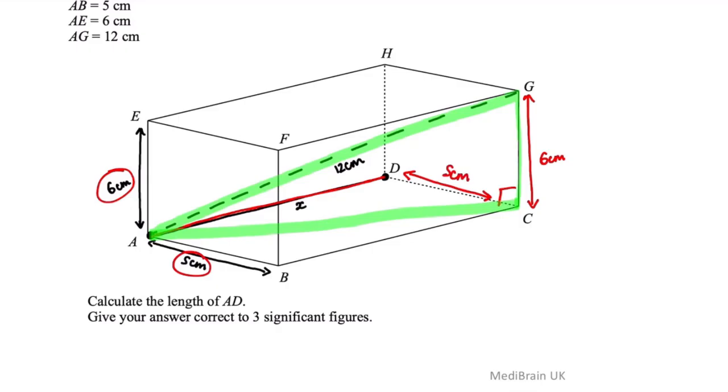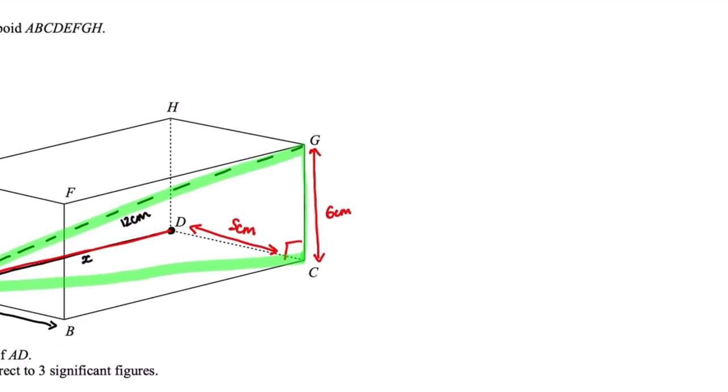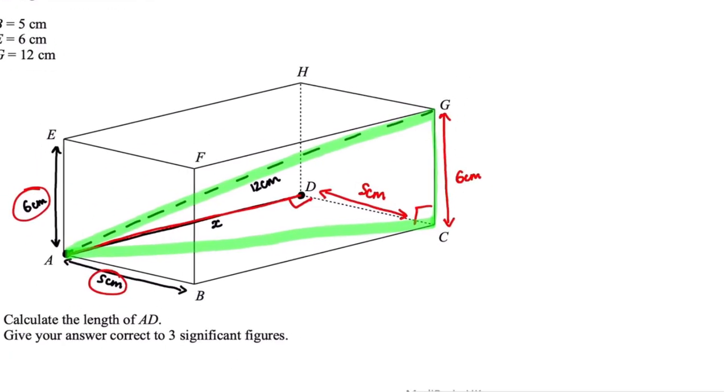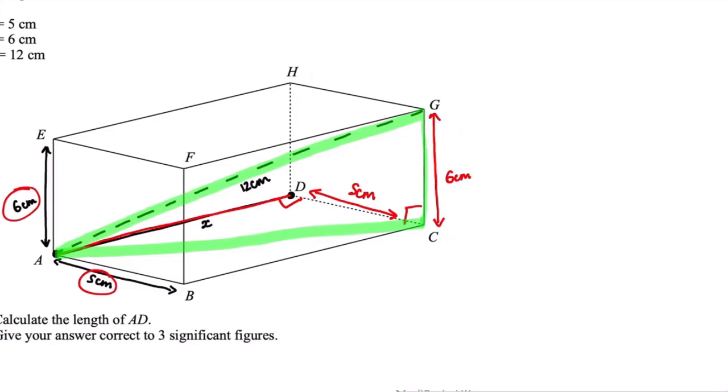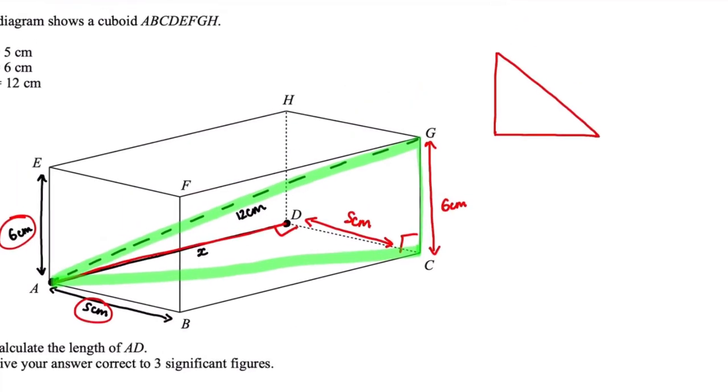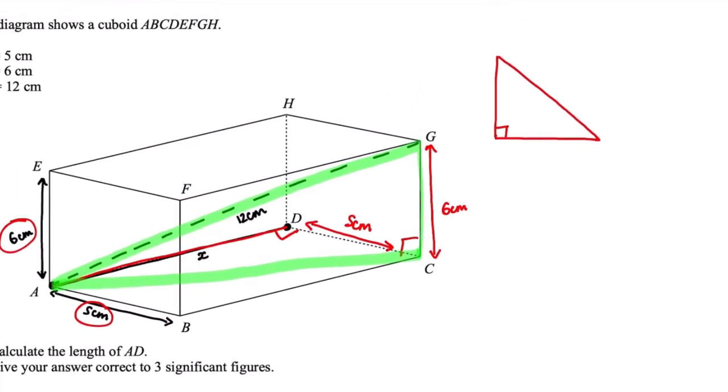If we look at how we're going to work out x, we can see that this is a right angle triangle which is being produced. We know that this is 5 centimeters, and this is x that we need to work out.